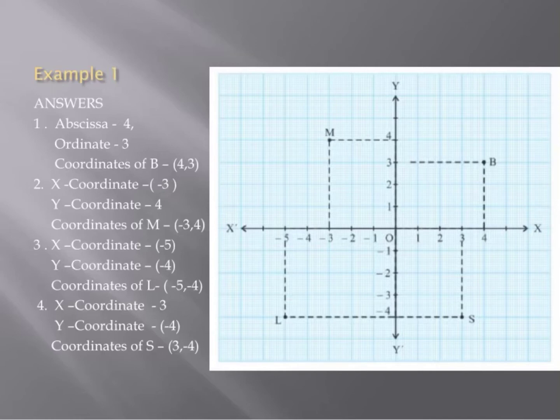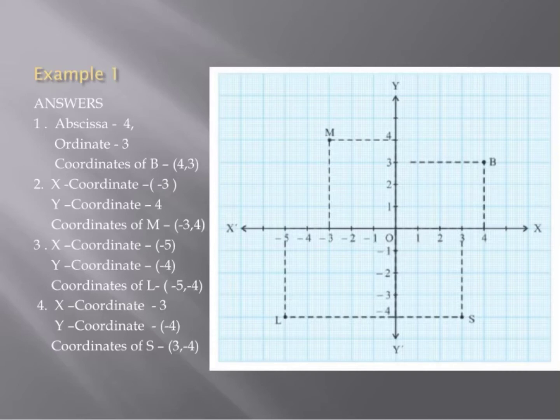In the third statement, we are asked to find x coordinate, y coordinate and coordinates of point L. So here in the figure you can see that x coordinate of point L is -5 and its y coordinate is -4. So coordinates of point L are (-5, -4), which is represented by ordered pair (-5, -4).